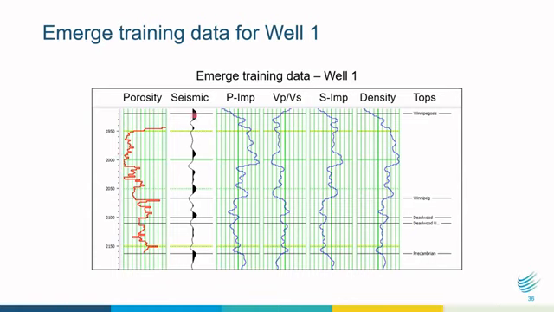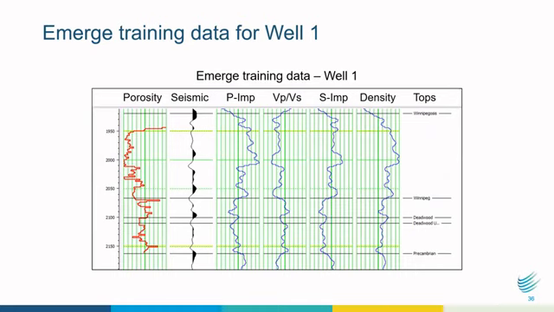To the right of this porosity log, you can see 5 different attributes which were used to train a neural network. These attributes are the seismic data itself, P impedance, VP-VS, S impedance, and density, all obtained after inversion.